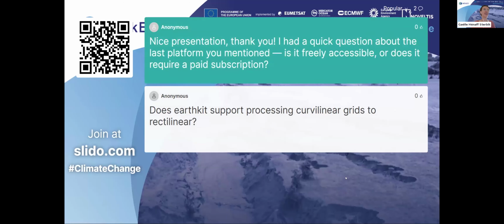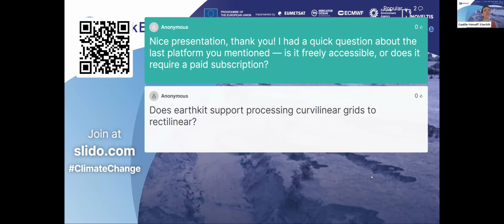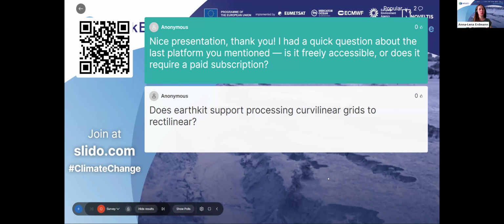Nice presentation, thank you. I had a quick question about the last platform you mentioned. Is it freely accessible or does it require a paid subscription? The last platform, like the WEkEO workspace, is free, and the innovation lab is also free. For the WEkEO workspace, you just require a user account, so you can use it right now if you sign up. The innovation lab is an extended offer, and you will need to write a short proposal of what you want to do.